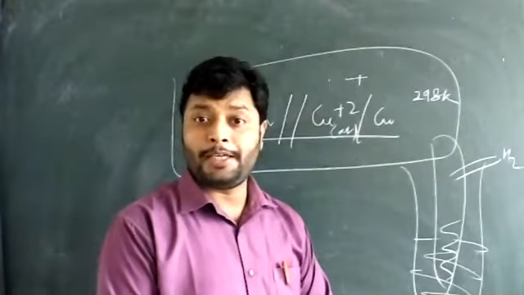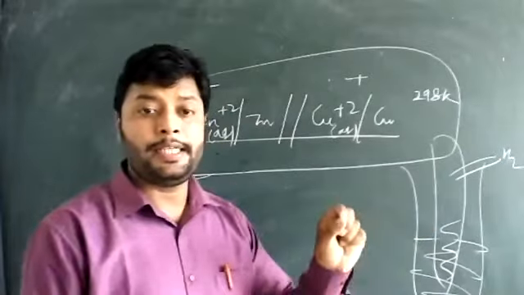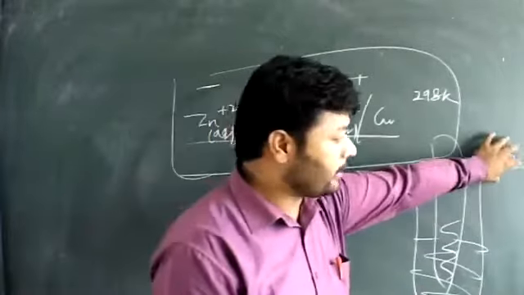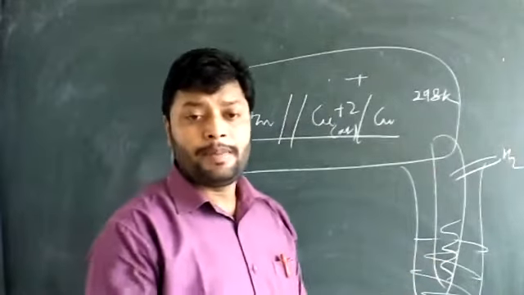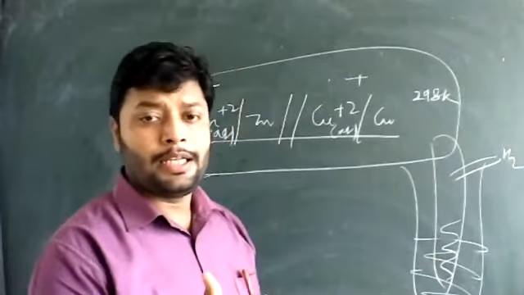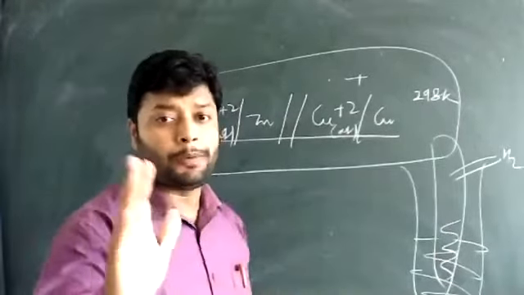So at 1 bar pressure and 298 Kelvin temperature, the hydrogen gas passes through the platinum electrode in a 1 molarity solution. The potential observed for the cell is zero potential.